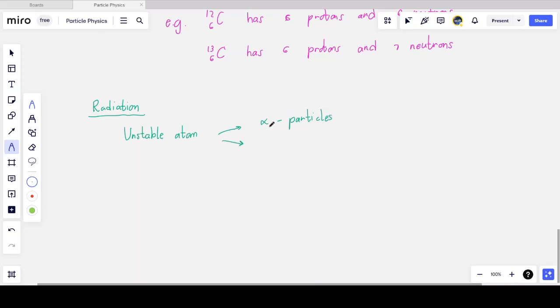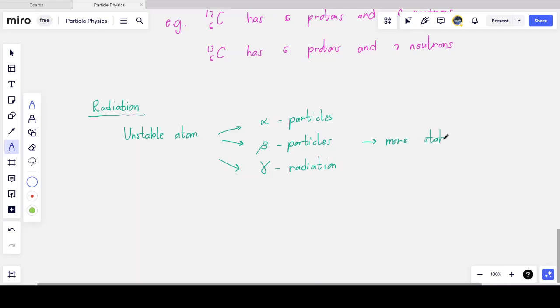When an atom is unstable, remember, everything in the universe tends towards stability, it can randomly and spontaneously give off any one of these types of radiation in order to regain stability, or at least be more stable than it was before emitting the particle.